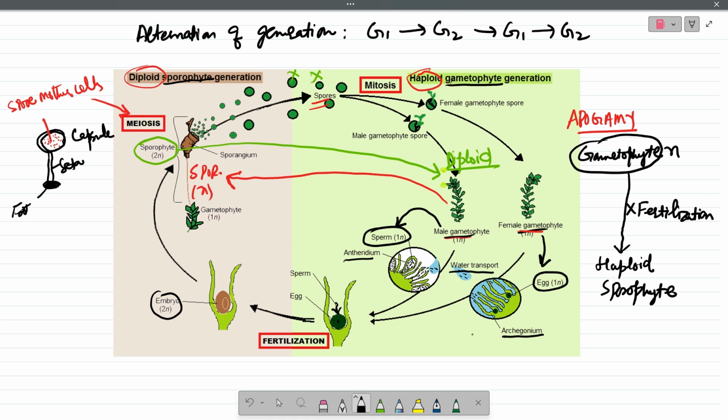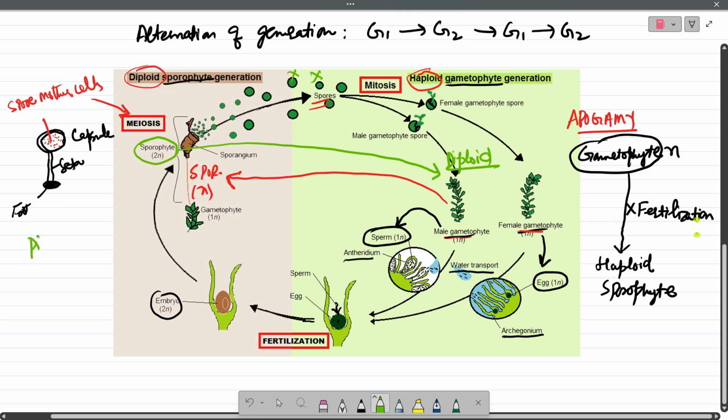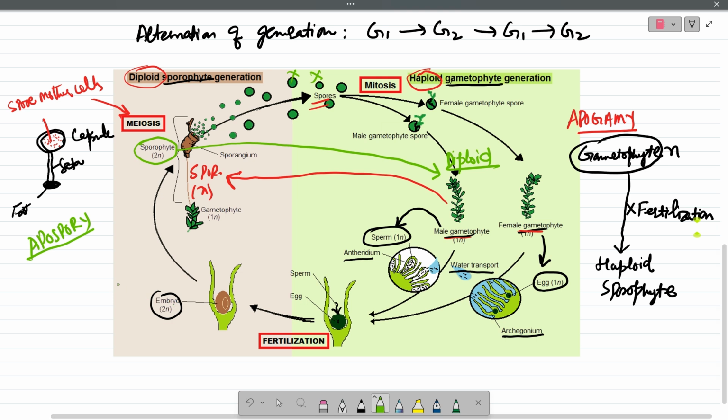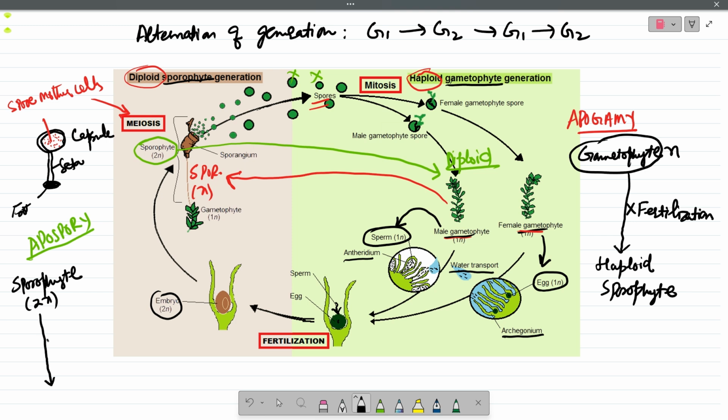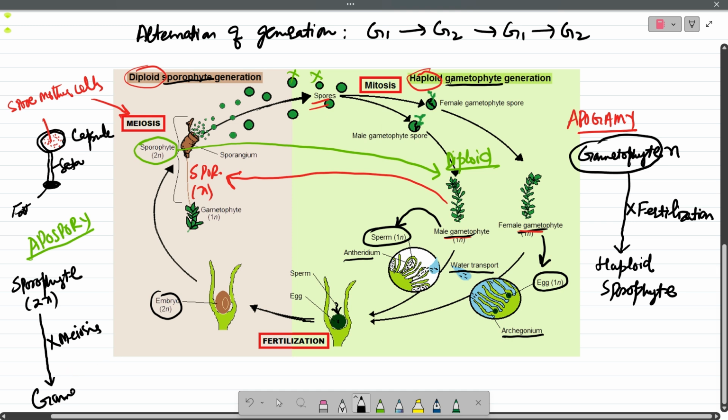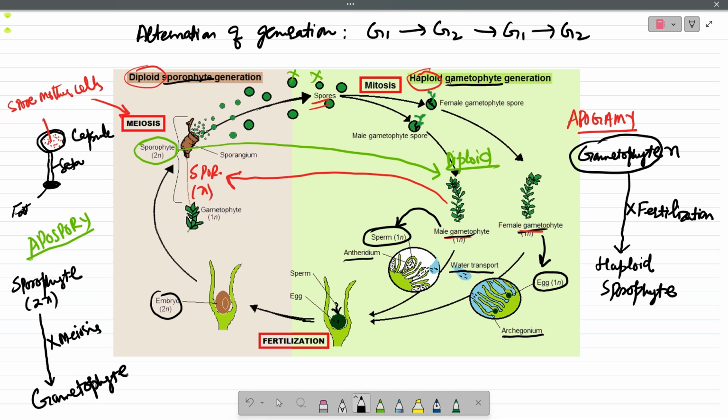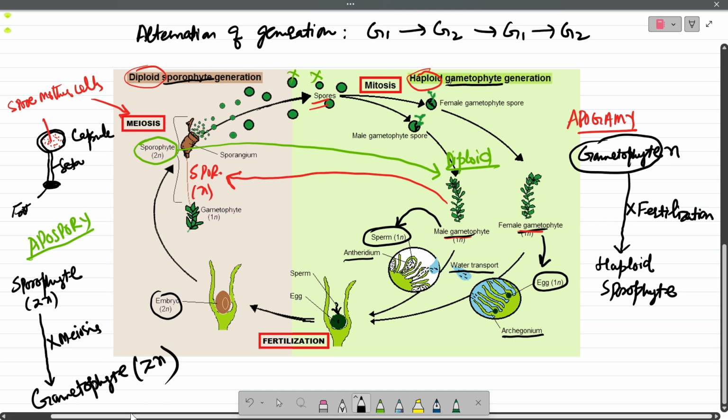While in case of apospory, let me write it here, what happens? You have a sporophyte, which is 2n. And this sporophyte does not produce spores, meaning no meiosis, and gives rise to the gametophyte, which is 2n.